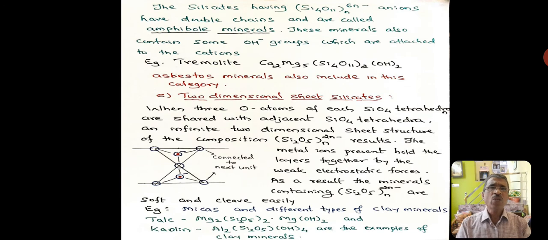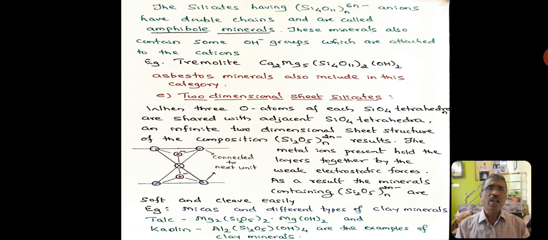The silicates having Si4O11 anions have double chains and are called amphibole minerals. These minerals also contain some OH groups which are attached to the cations. Example for this type is tremolite.